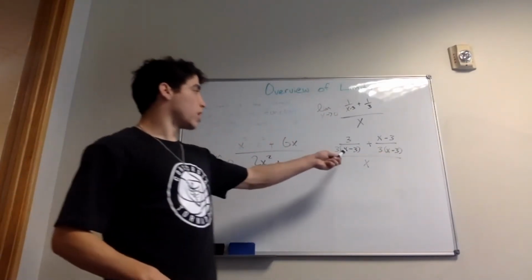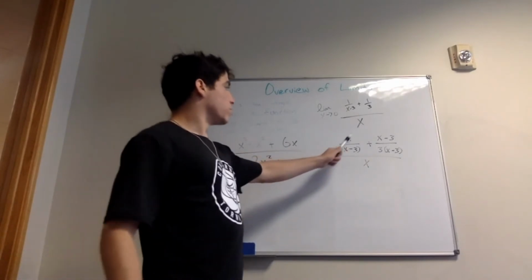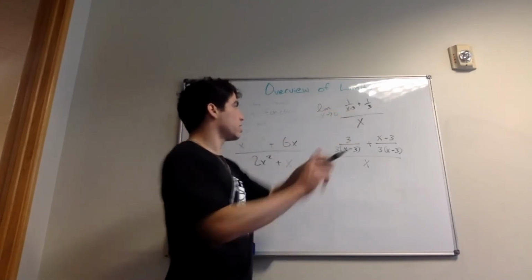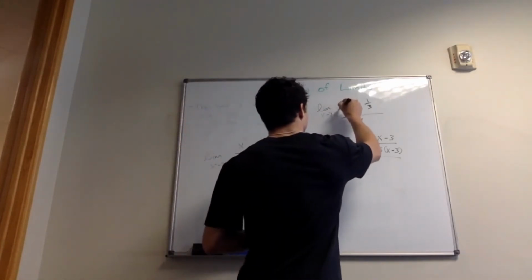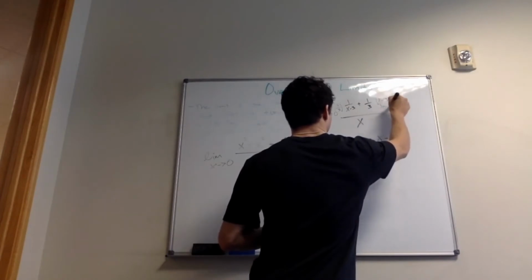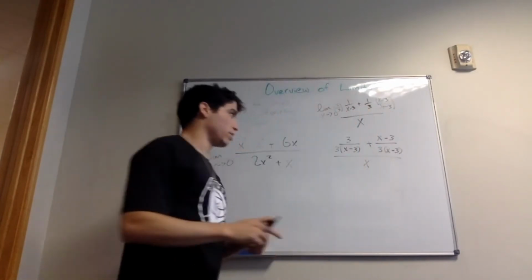So if you see, we got there by combining like terms. So we did 3 over 3 on this side, and then x minus 3 over x minus 3 on the opposite side.